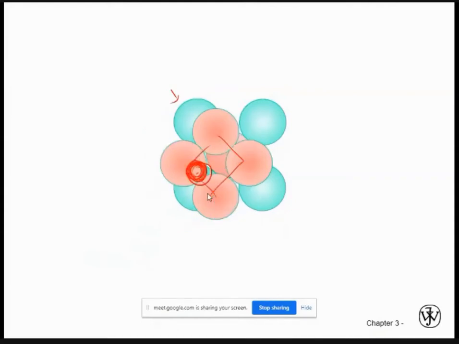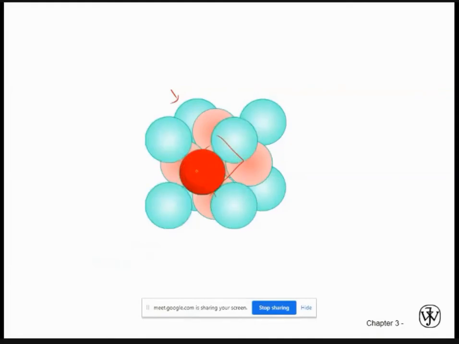We just move back. These 4 red atoms touch this one. So I have 4. Actually, it's writing it 1, 2, 3, 4. And these 4 also touch this one. 5, 6, 7, 8. But it's not over because we have infinite amount of layers.